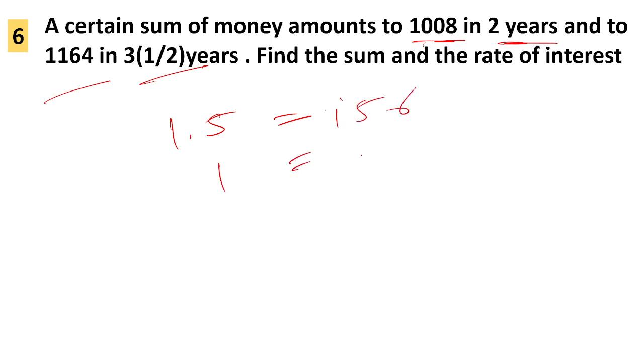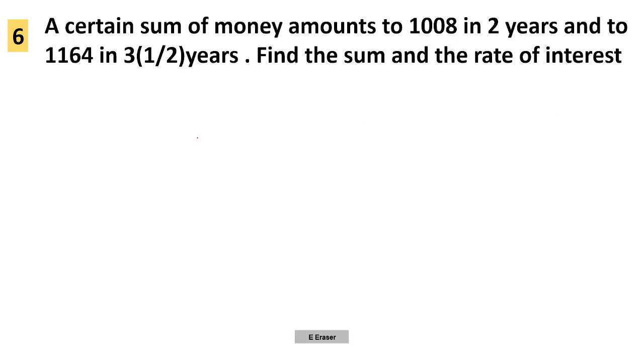So we find 1 year or 2 years simple interest, that is 208, or for 1 year 104. Then we subtract this from this amount to get the principal, because the formula says amount equals simple interest plus P, right? I think everyone got this.